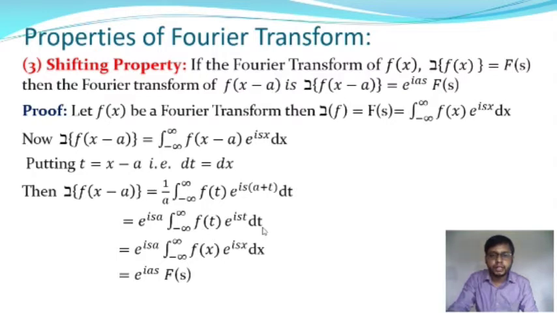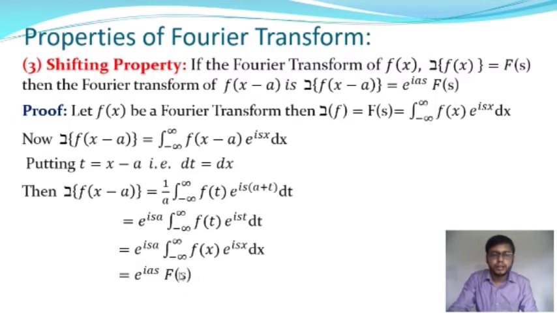And now we take t is equal to x. Then from this integration we will get minus infinity to plus infinity f of x into e to the power i s x into dx. And you know this is the definition of the Fourier transformation for the function f of x. Okay, and it is equal to F of s. So therefore zeta of f of x minus a is equal to e to the power i s a into F of s.